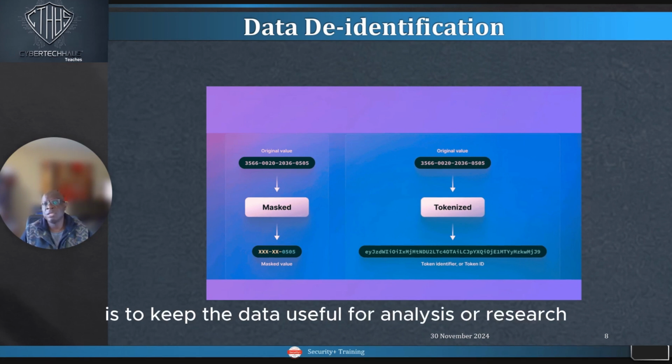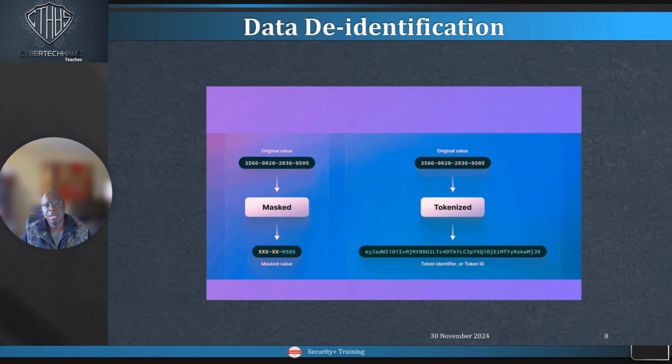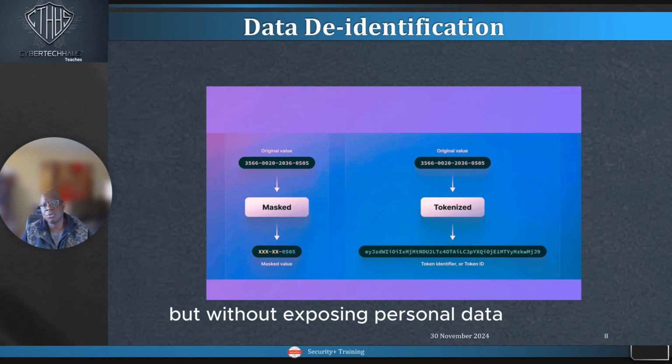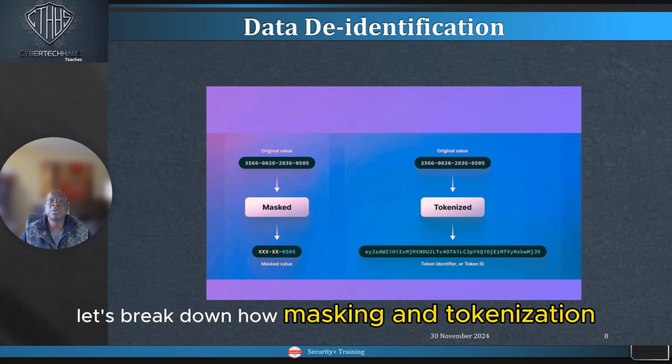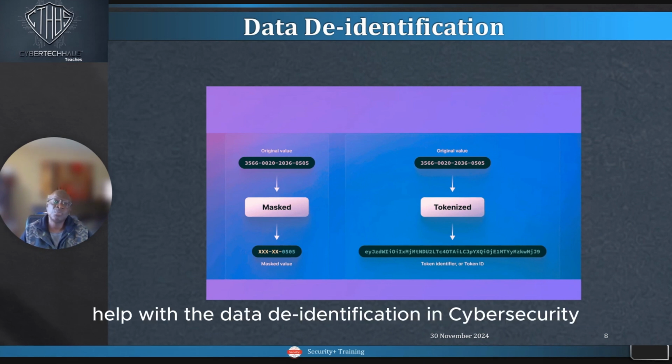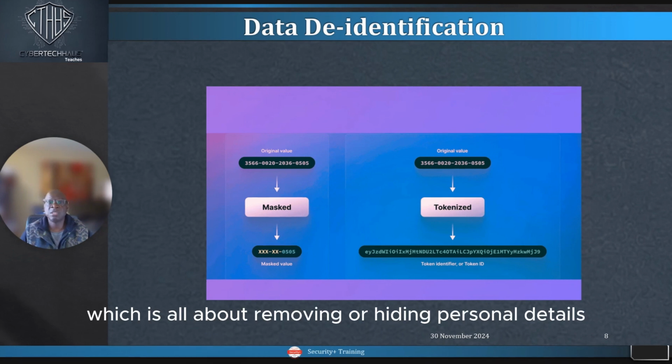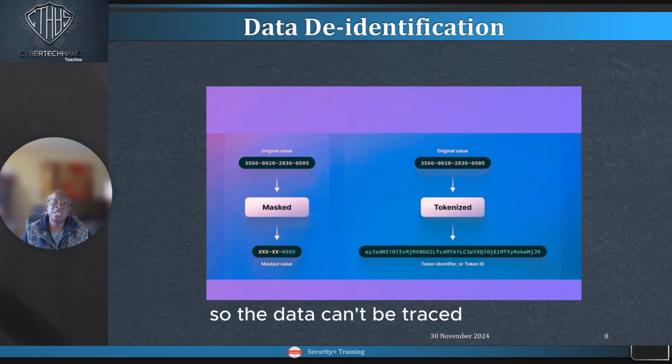The goal is to keep the data useful for analysis or research, but without exposing personal details that would compromise someone's privacy. Let's break down how masking and tokenization help with data de-identification in cybersecurity, which is all about removing or hiding personal details so the data can't be traced back to specific individuals.